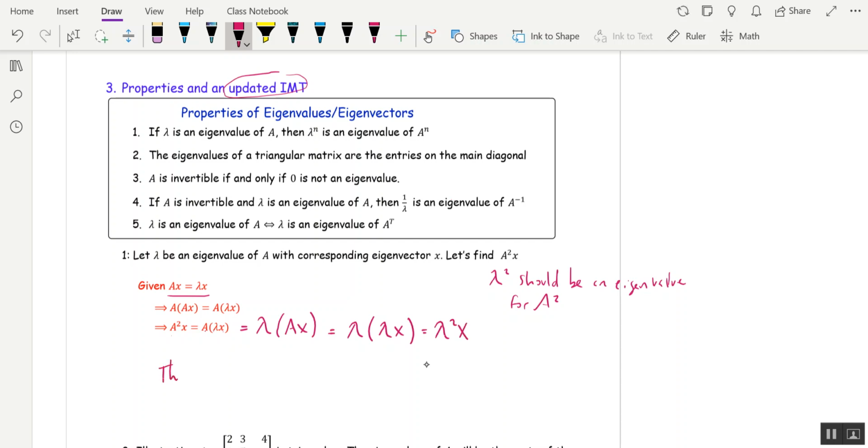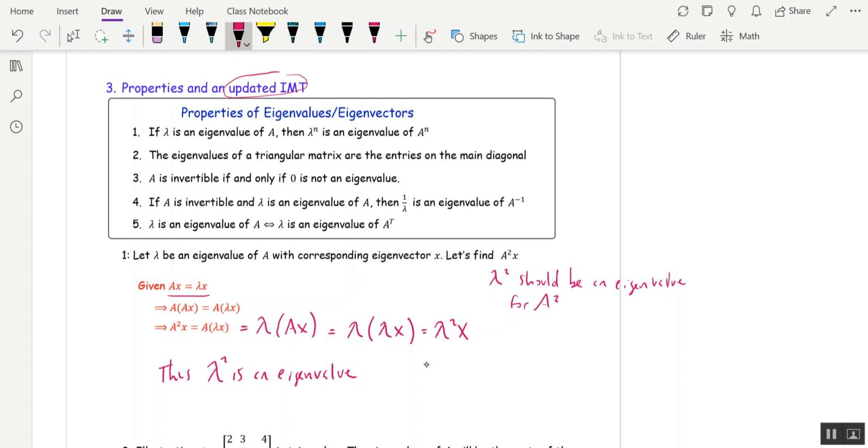Thus, lambda squared is an eigenvalue. I would just abbreviate that EV, except that eigenvector would have the same abbreviation.